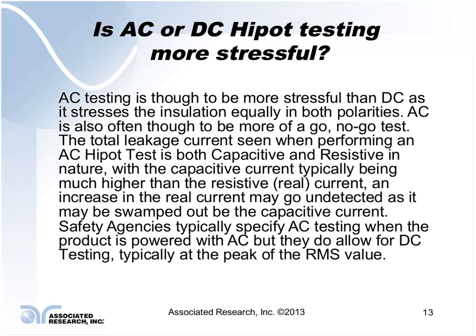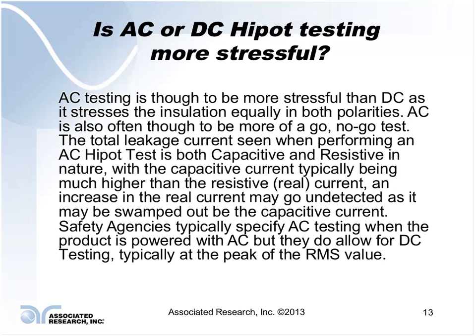Which test is more stressful, AC or DC Hipot testing? AC testing typically is thought to be more stressful than DC. It does test the insulation typically in both polarities, both on the positive cycle and the negative cycle. It's thought to be more of a go, no-go test.